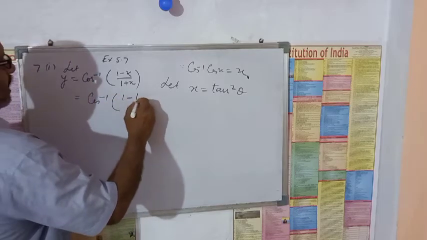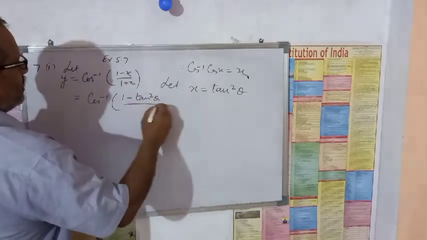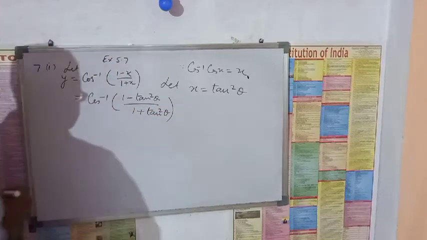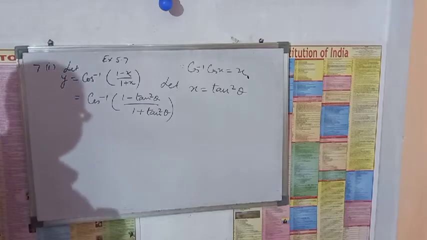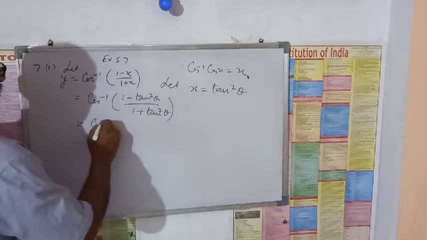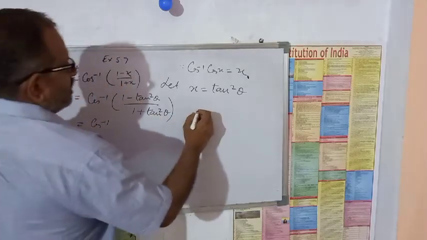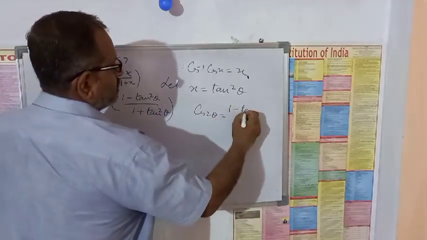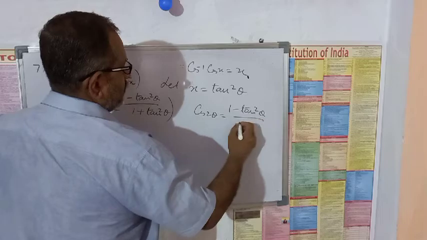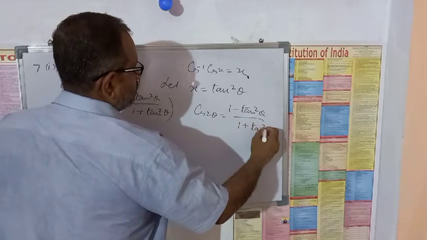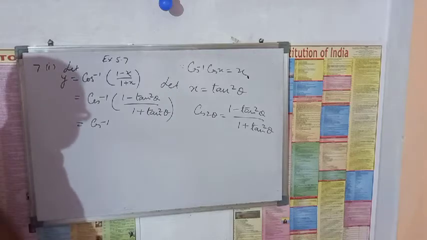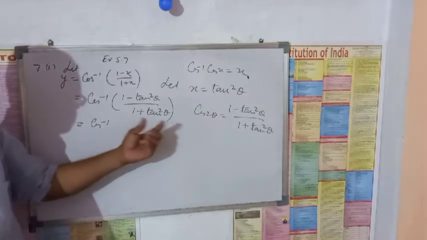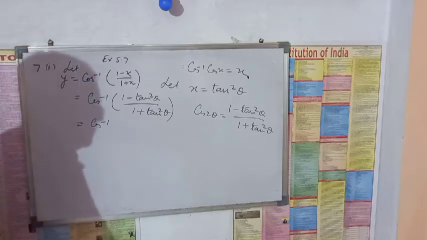So we can write here cos inverse of 1 minus tan square theta upon 1 plus tan square theta, and this is the formula, cos 2 theta in terms of tan: 1 minus tan square theta upon 1 plus tan square theta is equal to cos 2 theta. So we can put here cos 2 theta.